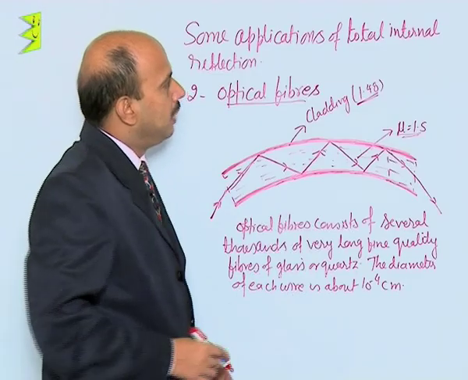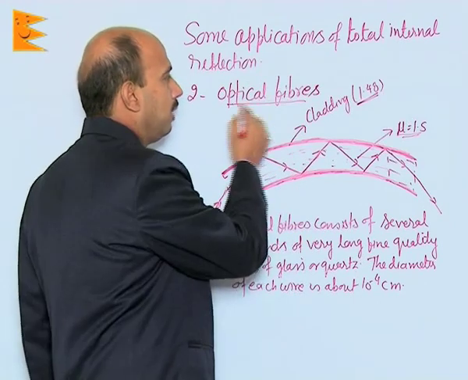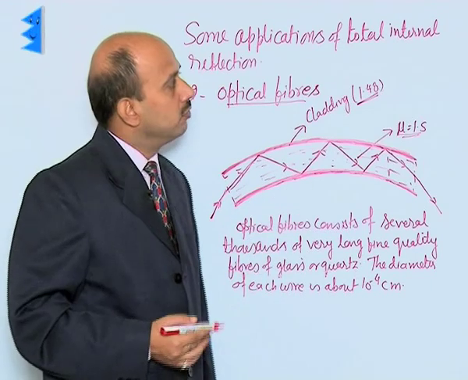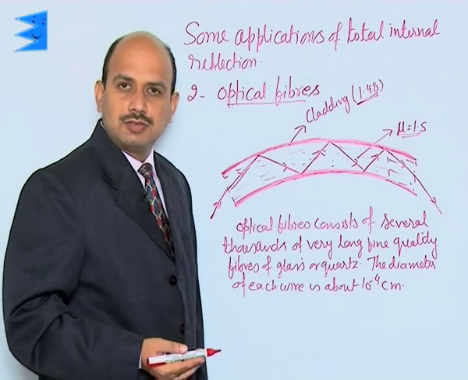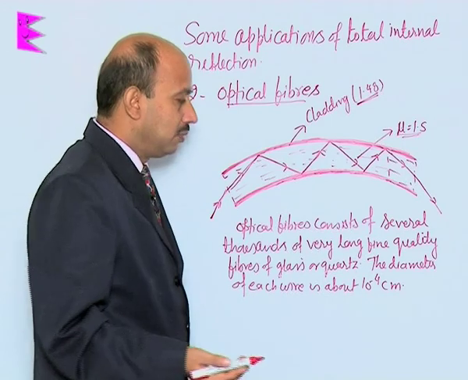Now, see here the second application of total internal reflection: optical fibers. The working of optical fibers is based on the concept of total internal reflection. See what optical fibers actually are.